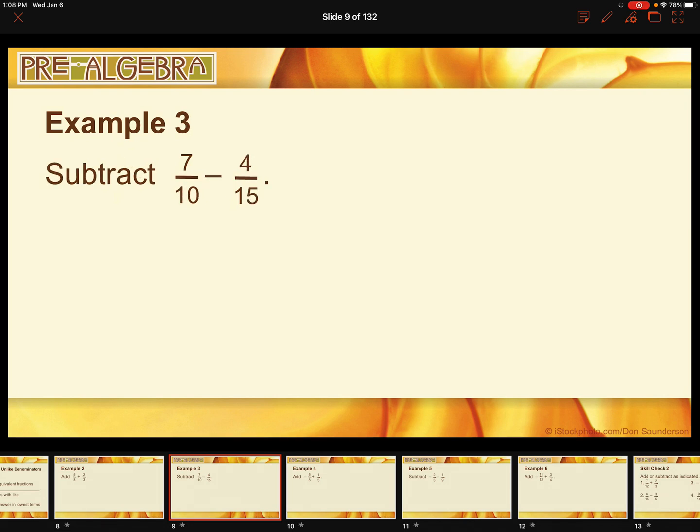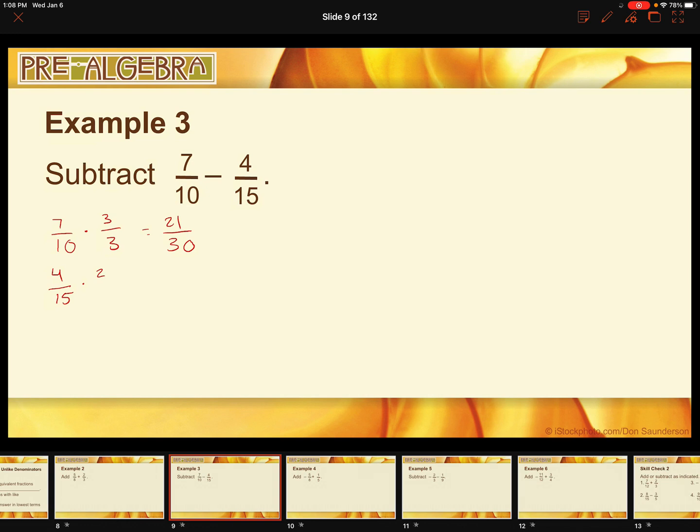So again, they're unlike denominators, so I need to figure out the common denominator, or the least common multiple, between 10 and 15. That's going to be 30. I'll multiply 7 over 10 by 3 over 3 to get 21 over 30.